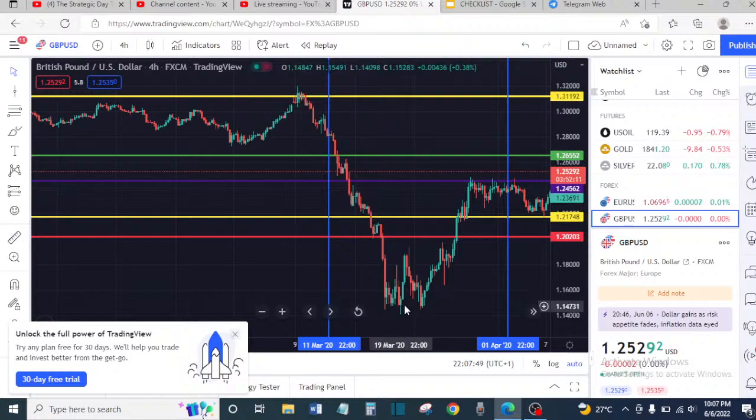I wait until price gets to halfway. But if you are very sure of what you are doing, even at the clearing of these stops, you can place your entry. But I like to be more confident, so I let my price action show.